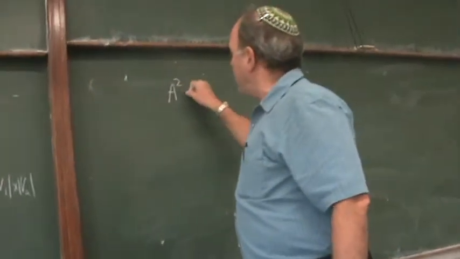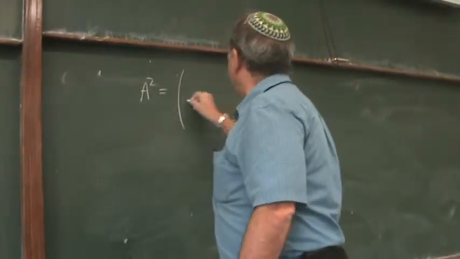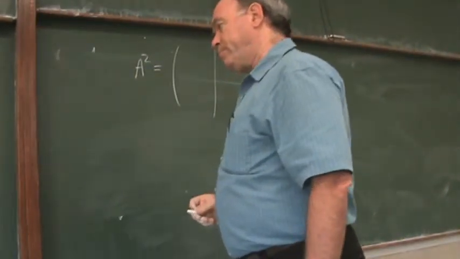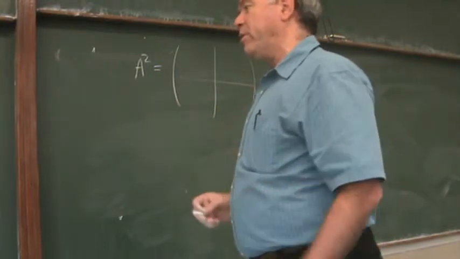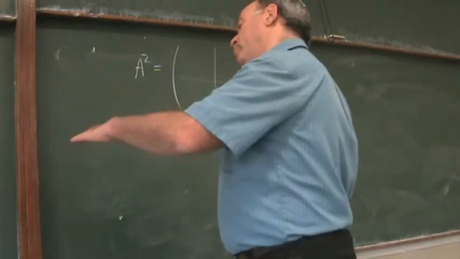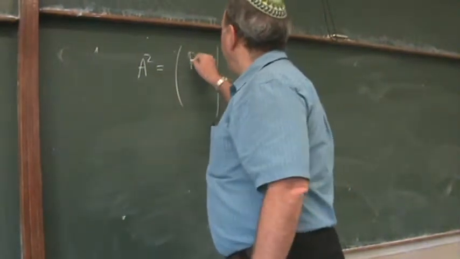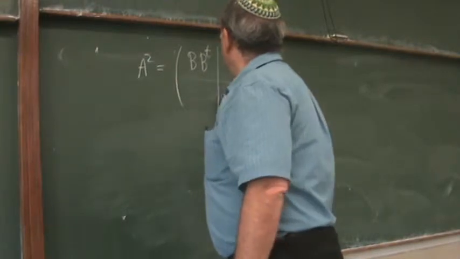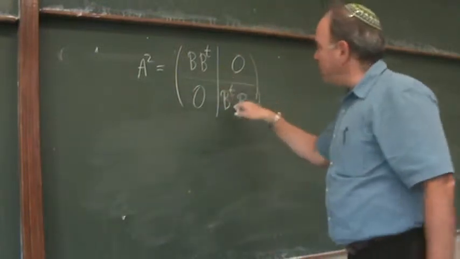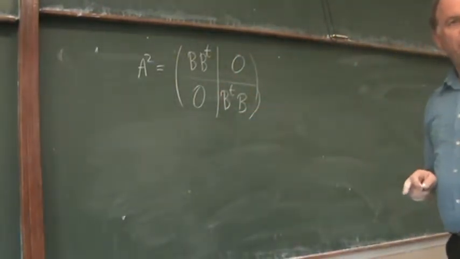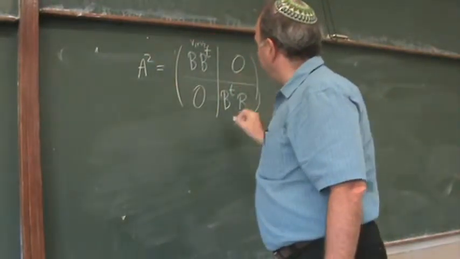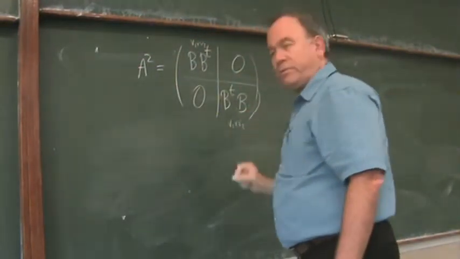So A squared, you can think about it either combinatorially or algebraically. Algebraically, if you multiply these two matrices, you get BB transpose here, B transpose B here, and 0 and 0. Notice that these matrices are not of the same size. This matrix is V1 cross V1, and this one is V2 cross V2.